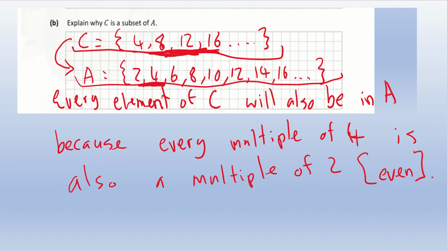When we have a look at the marking scheme, we'll see that as long as you're getting your idea across, you will be getting your full marks. Okay, so your A and your B part was just sort of definitions, seeing do you know how sets work? Do you know your notation? Do you know what a subset is?